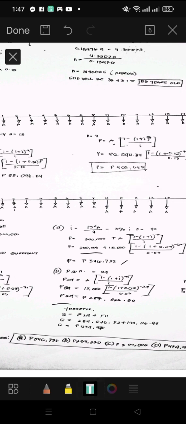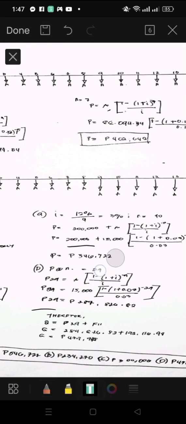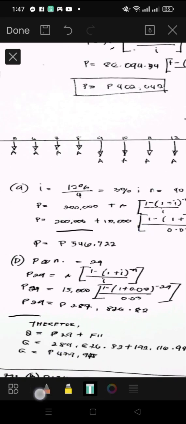If he missed the first 10 payments, the remaining is 29, and the 11th payment is due, so 40 minus 11 is 29, which will be our n.